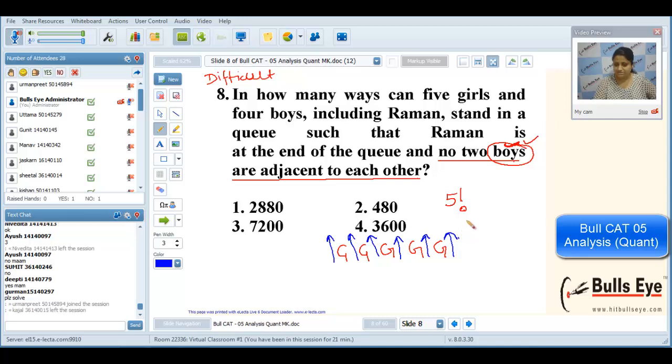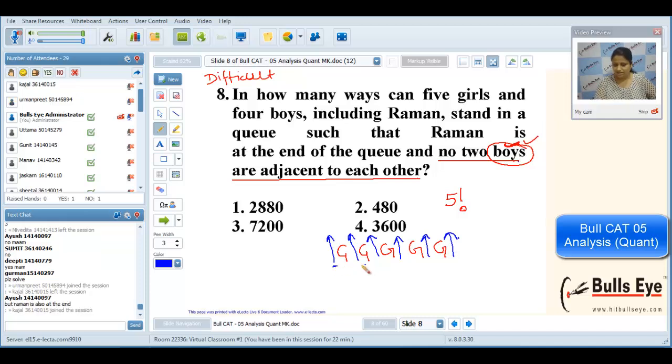Whenever you have this kind of language, no 2 things are adjacent to each other, no 2 things are together, always follow this procedure. See, condition is on boys, leave the boys, arrange the girls. We have 5 girls. Girls can be arranged in 5 factorial ways. So for boys, I'm coming to this, Ayush.